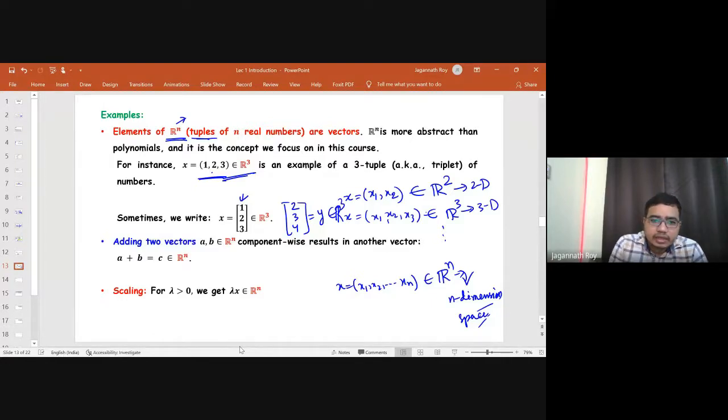Then since they are vectors, you can add them. If you add x plus y, component wise you will add 1 plus 2. So this is 3. 2 plus 3. So this becomes 5. Then 3 plus 4. So this becomes 7. You say this is also a vector in R3.